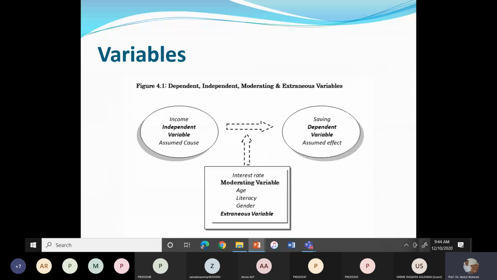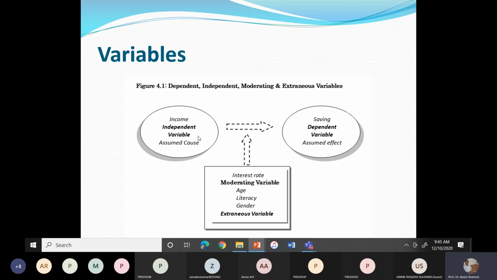This is the example. You see, we have saving, we have income. So income affects saving. So saving is the dependent variable. Okay, income is the independent variable. Now there is another variable which is called moderating variable, and this is interest rate.